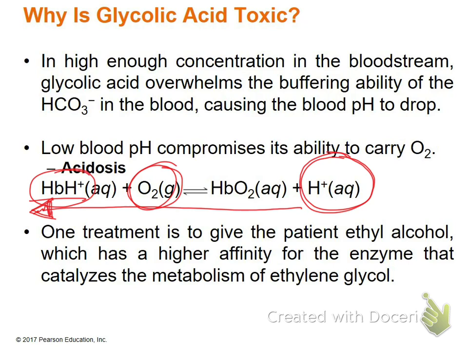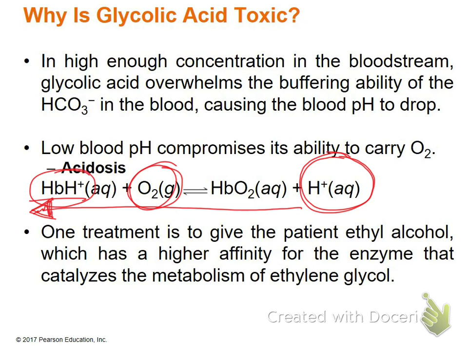And one way to treat this condition is to give the patient alcohol, right? The reason why is because alcohol has a greater binding affinity for the enzyme that catalyzes the metabolism of ethylene glycol. So this enzyme is called aldehyde dehydrogenase.